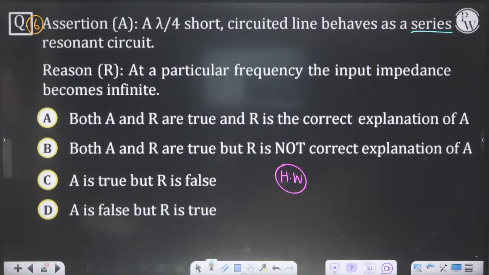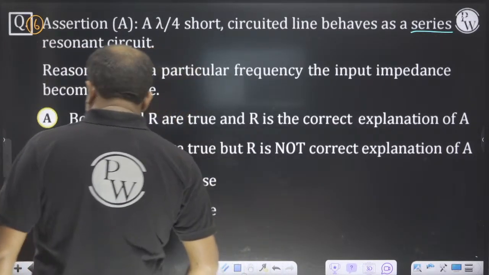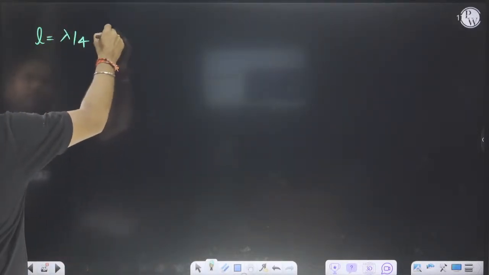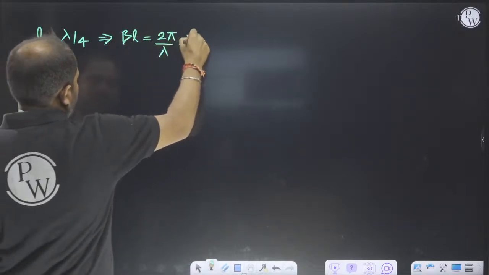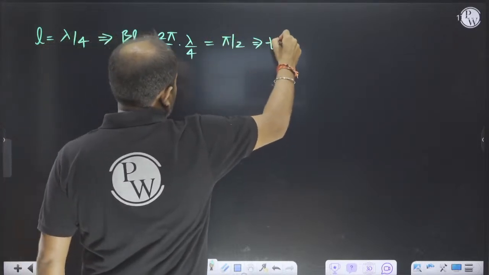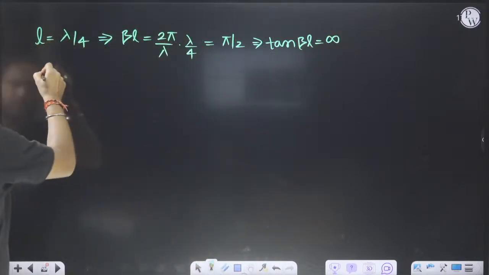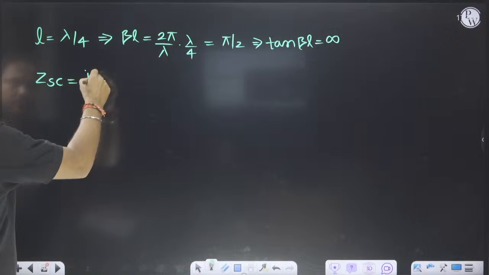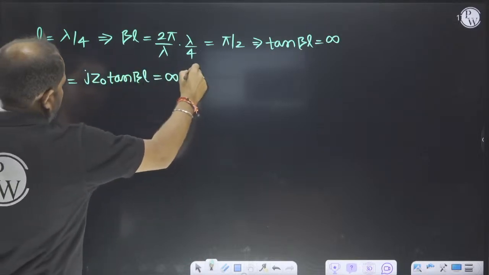We have assertion A: a lambda by 4 short circuited line behaves like a series resonance circuit. So we have to find out. Length is lambda by 4. Beta L is 2 pi by lambda into lambda by 4, so it will be pi by 2. So tan beta L is equal to infinite. Then for the short circuited transmission line, jZ0 tan beta L is infinite.